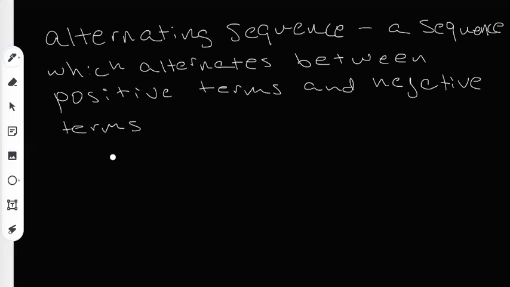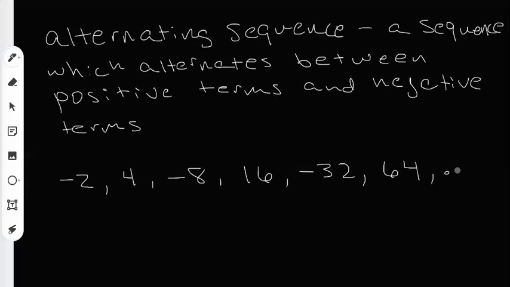So this is the kind of sequence that's going to start off with a positive number, and then it's going to go to a negative number, and then back to positive. So let's say -2, +4, -8, +16, -32, +64, and so on.